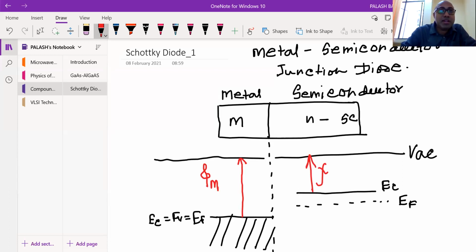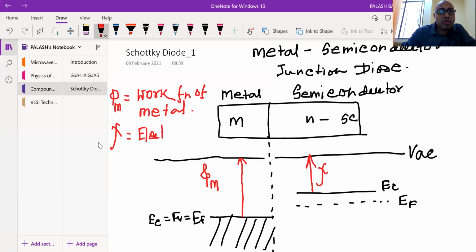So here I am writing two parameters: phi m, the work function of the metal, and chi, the electron affinity.